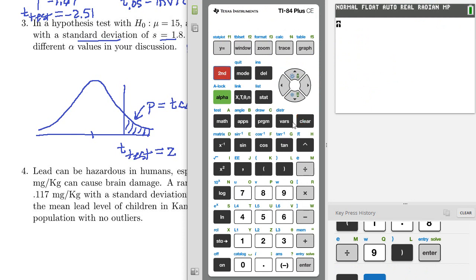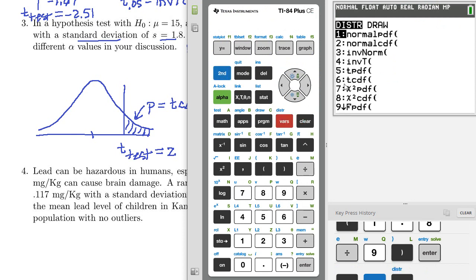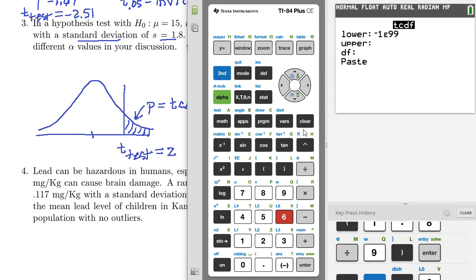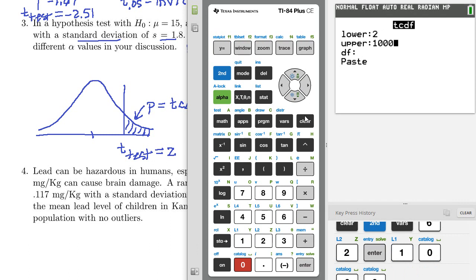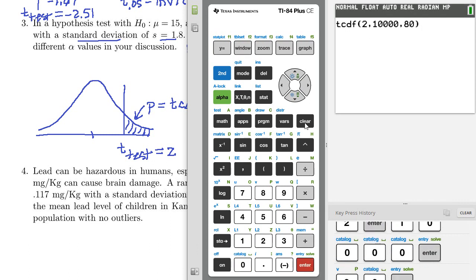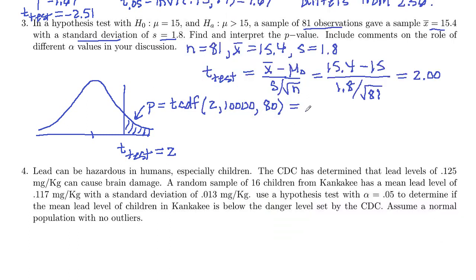So we want to go to the distribution menu, TCDF number 6. So lower cutoff was 2, even, upper cutoff 10,000, degrees of freedom 80. And that value is 0.0244 to 4 decimal places. Usually do those to 4 decimals.